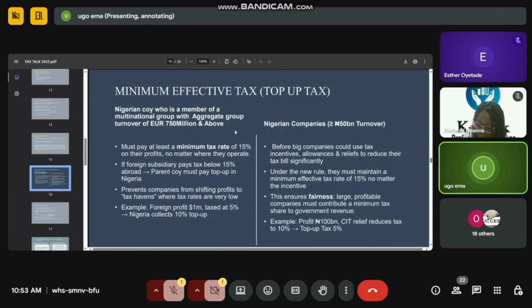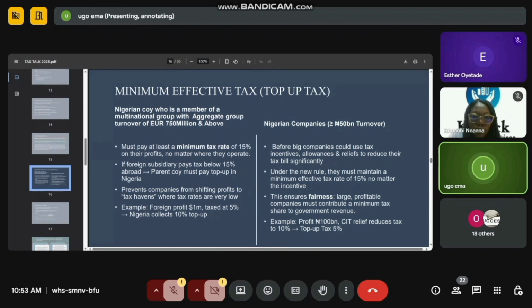For companies, especially Nigerian companies who are members of multinational groups with aggregate group turnover of 750 million euros and above, or if you are not a member of a multinational company, but you are a Nigerian company, a big company that has 50 billion naira turnover and above, you are subject to what is called the minimum effective tax. So let us look at it individually. You are a company who is a member of a multinational group.